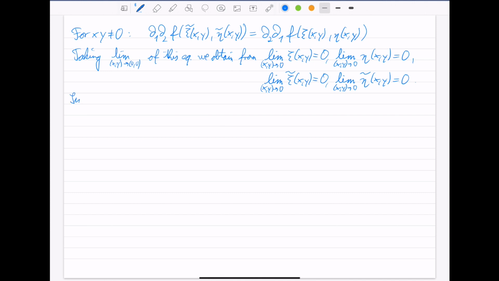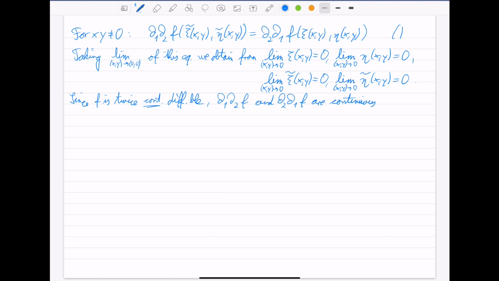So since f is twice continuously differentiable, and here now continuously is the crucial word, d1, d2 f and d2, d1 f are continuous.